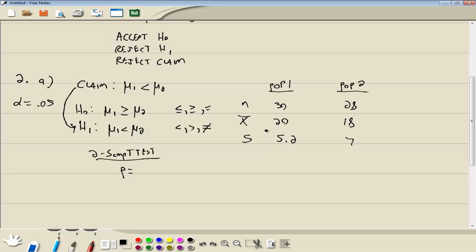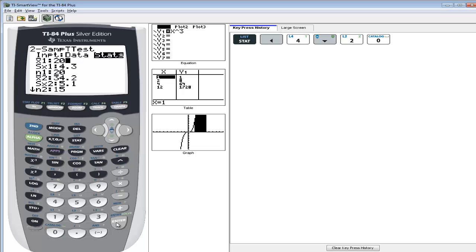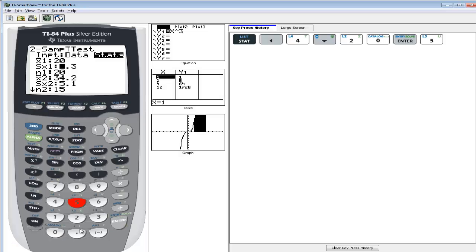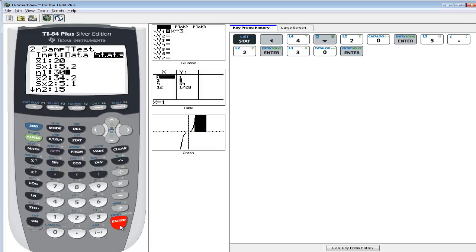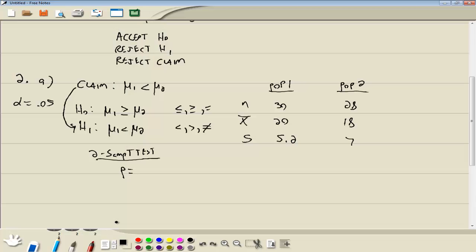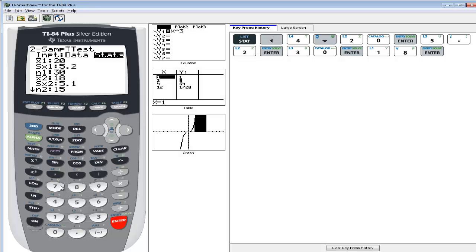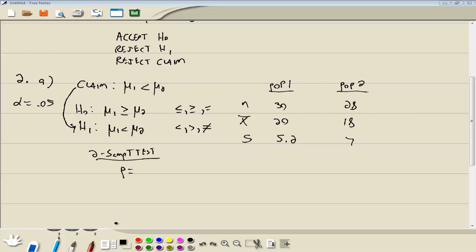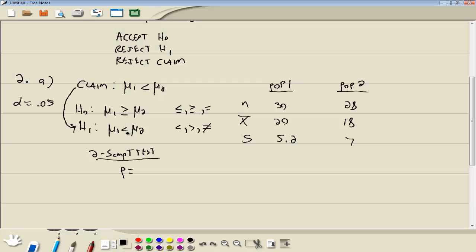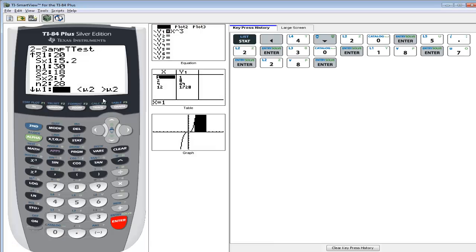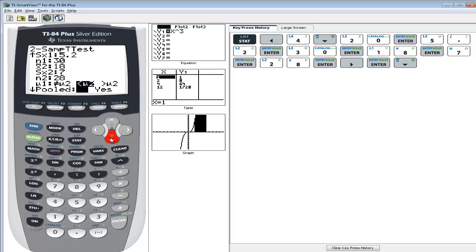So x bar sub 1 is 20. s is 5.2. n is 30. x bar sub 2 is 18. s is 7. And we've got 28 again. The assumption is that these are normally distributed since that's not a large sample size. The symbol on H1 is a less than, so I want to right arrow over to the less than and press enter on it. Then I'll down arrow, pooled is always no, down arrow again, and choose calculate.